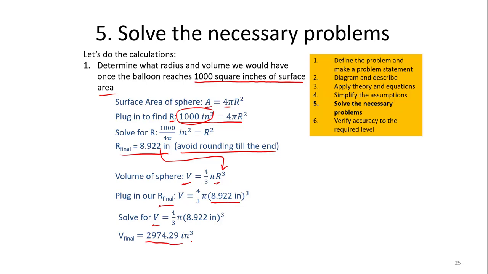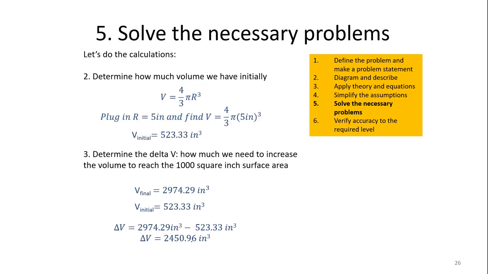Based on our strategy, the next step is to determine the initial volume. So we just follow a similar approach. We use our volume of a sphere equation, plug in 5 inches for our radius. Our initial volume is approximately 523 cubic inches. Now we need to determine the change in volume.